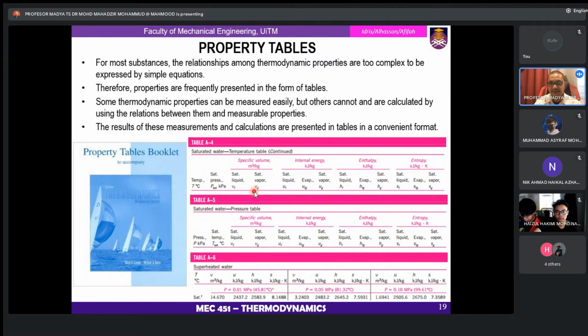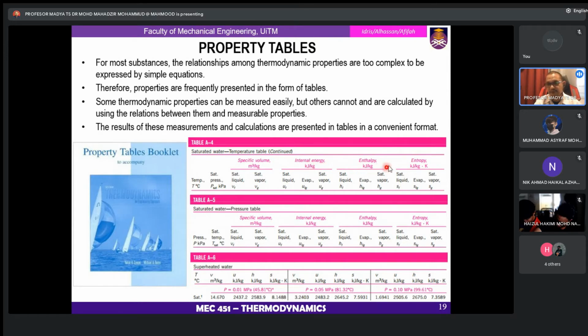It also shows vf, vfg, vg, and uf, ufg, ug. That is what I showed you in part one, where you have to know the curve line in the PV diagram and also the Tv diagram. There is a line called the saturated liquid line and also the saturated vapor line. So this is specific internal energy.